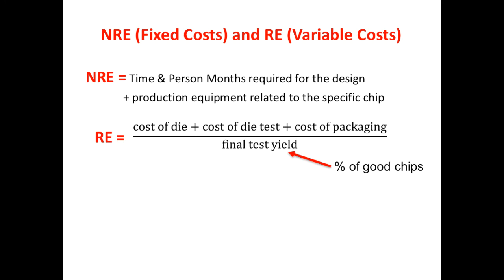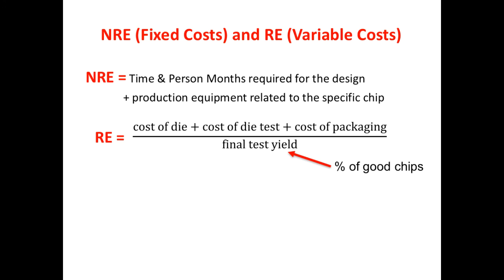But at the beginning, it can be pretty low, 50% if the process is going well, but it can also go down to 20% if there are some issues. And of course, if you put it at the denominator, it increases a lot. A small yield at a final test can increase a lot the recurring costs. Okay, in practice, it means that you have to put in the trash a lot of the chips that you're fabricating, but after you have already paid for everything.